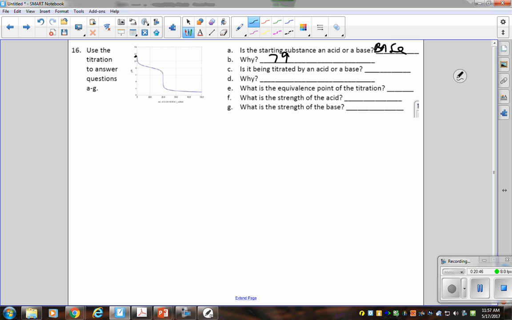Because the pH is lower than 7. What is the equivalence point? Equivalence point is halfway. This is an awful picture. I zoomed in too much. But if you look right there, it's going to be below 7. It's going to be like 5, I think, on that graph, somewhere around there. What is the strength of the acid? Well, is it below 2? Yeah. So it's a strong acid. So it's strong. And the base is below 12. So it is weak.